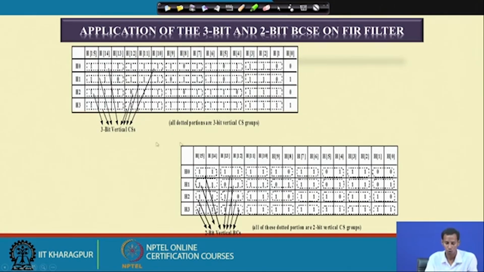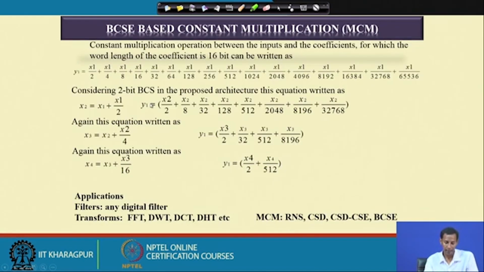Okay. So, here what is considered is basically this 2-bit binary common sub expression. So, why 2-bit? As this x1 by 2 plus x1 by 4 if I take, at that time here actually it is taking x1 plus x1 by 2.